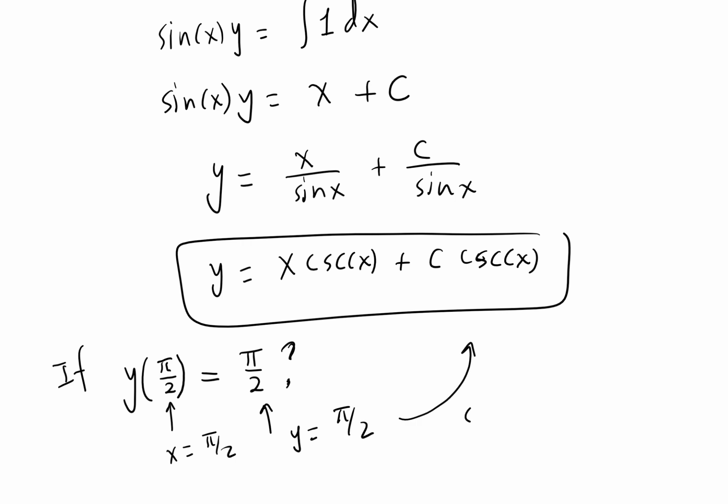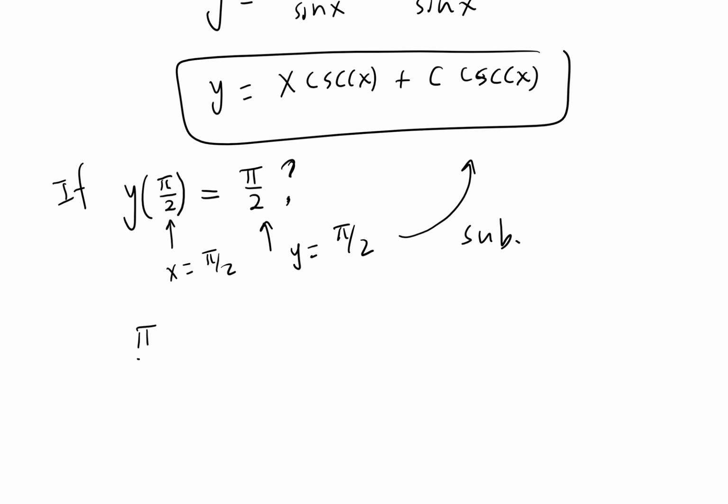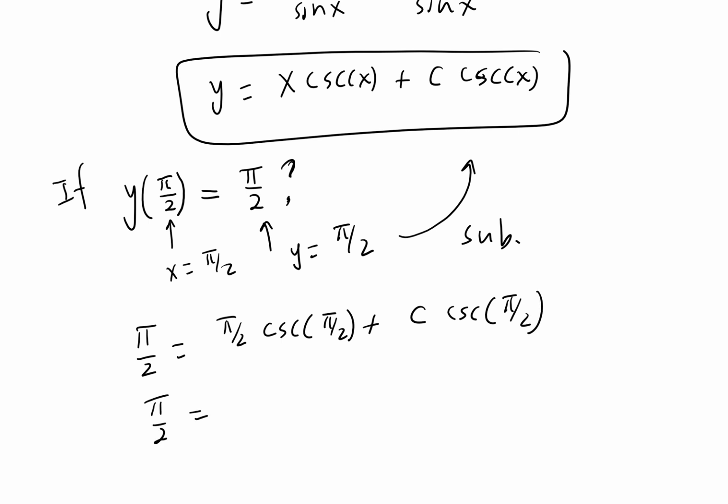We can substitute them into this final thing. You get pi over 2 equals pi over 2 cosecant pi over 2 plus c cosecant pi over 2. Cosecant pi over 2 is 1. So that would be pi over 2 plus c times 1.